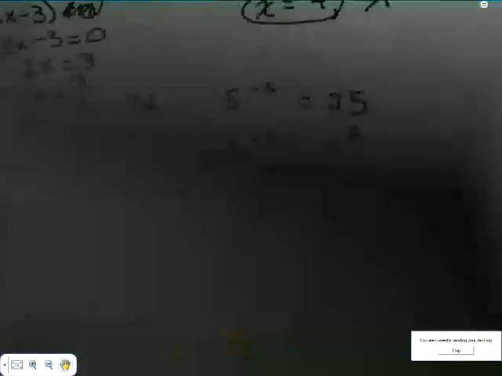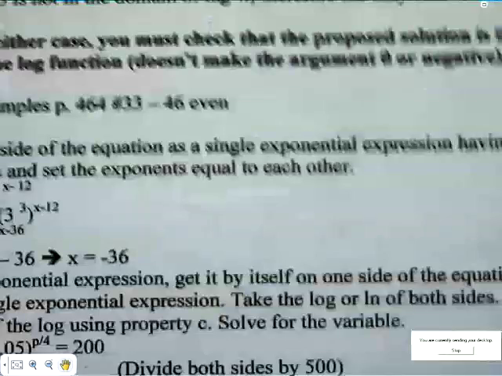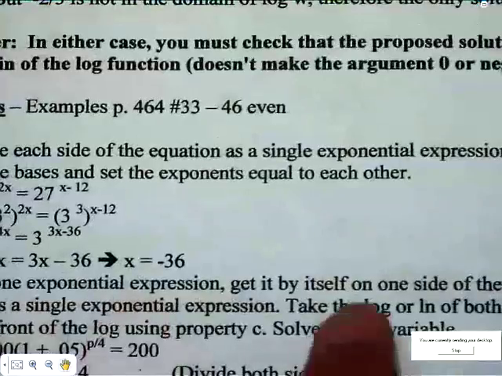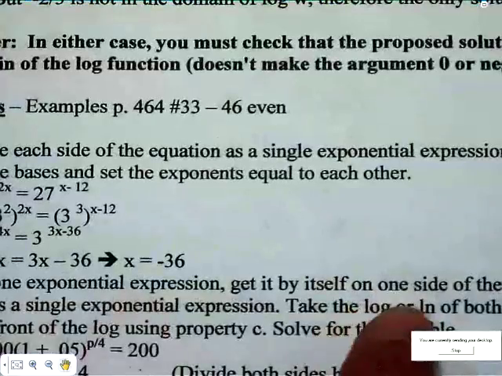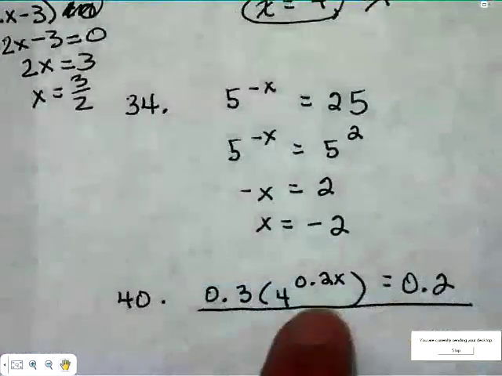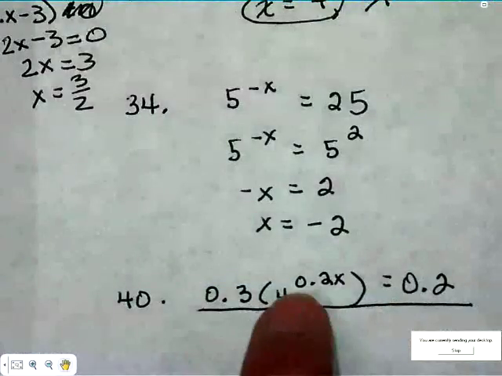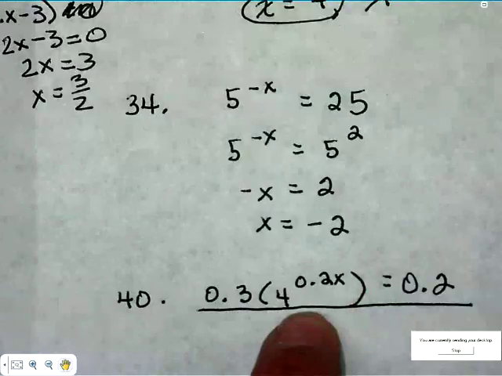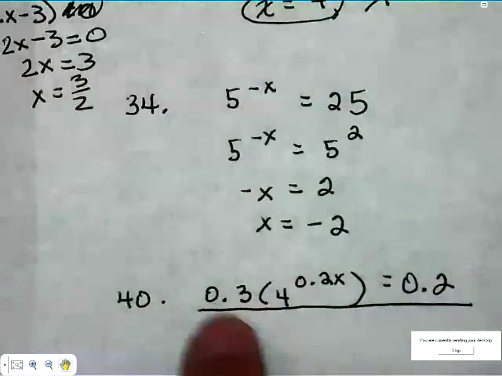It's case 2, and case 2 says if there's only one exponential expression, get it by itself on one side of the equation. Well, there is only one exponential expression, 4 to the 0.2x. How could I get that exponential expression by itself? Divide by 0.3.